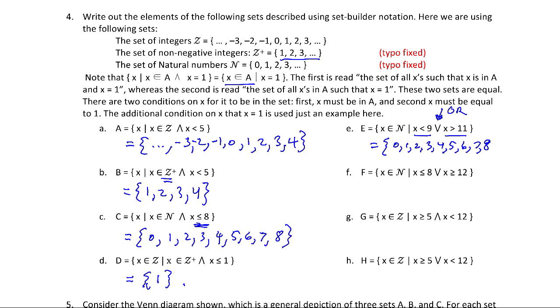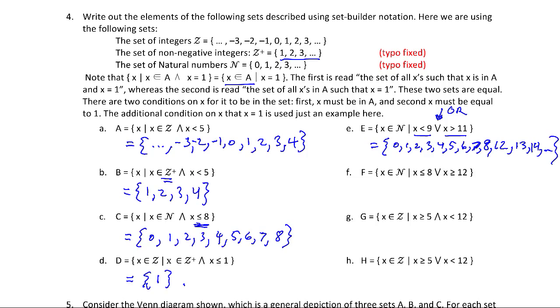And then I have to go up. 9 is not either less than 9 or greater than 11. 10 isn't, 11 isn't either, but 12 is greater than 11. And all we need to do is satisfy one of these two conditions. 13, 14, they are, and so I go like that. So 0, 1, 2, 3, 4, 5, 6, 7, 8, and then 12, 13, 14 on up.